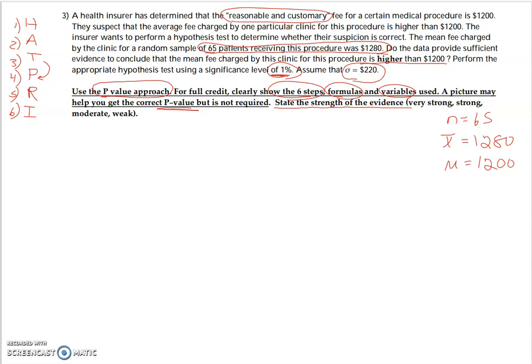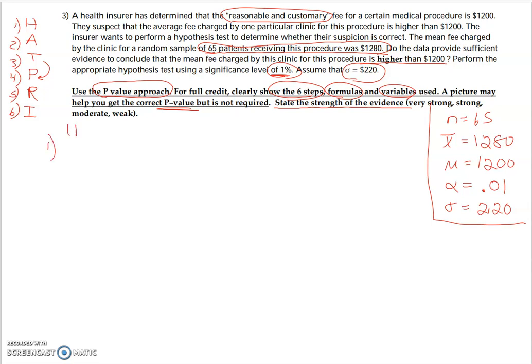We want to do this test at the 1% significance level. Now be careful, because 1% is 0.01, right? Not 10. 10 would be 10%. So 1% is 0.01, and we have the population standard deviation, or sigma, which is $220. So this is going to allow us to do a Z-type test because we have the population information.